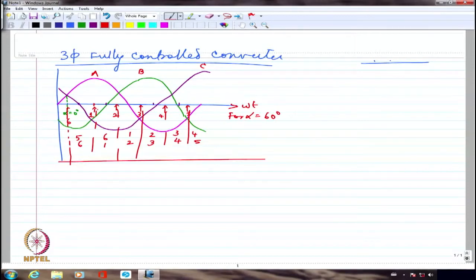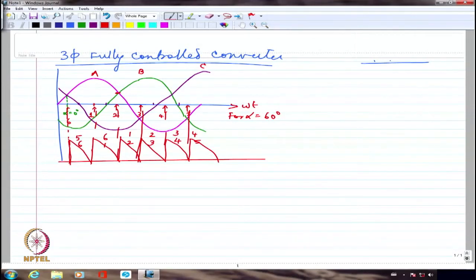So I am going to look at 6 and 1 conducting, so I have to get VAB. Please note that VAB becomes 0 here, and VAB is clearly positive before that. So I am going to have essentially, this is touching 0, again this will touch 0, this will touch 0, this will touch 0, and so on. Right? This is how the waveform is going to be.